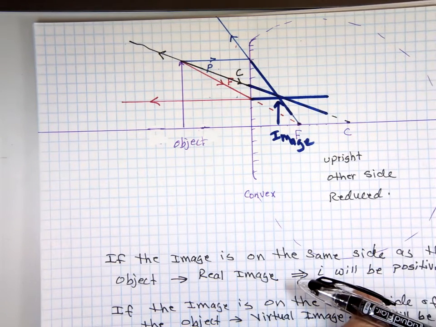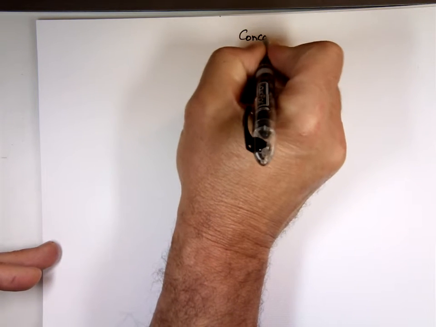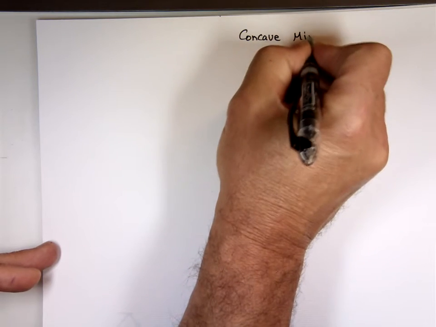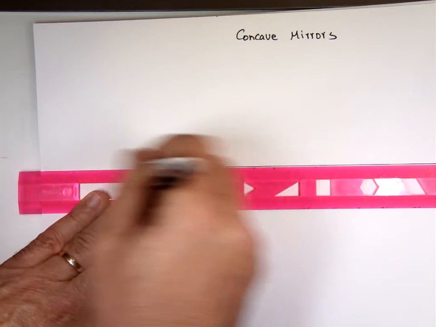I'll do the concave, so you'll have one sheet with you with all the pieces on it. This is for concave only. I'm going to summarize the three cases on one graph because that comes in handy when we start doing complicated problems. Concave, we said the mirror looks like this.